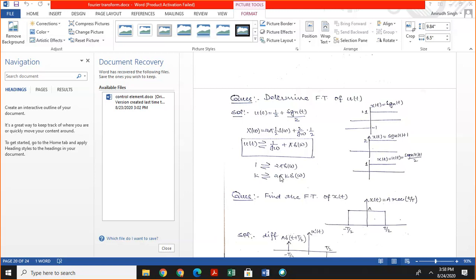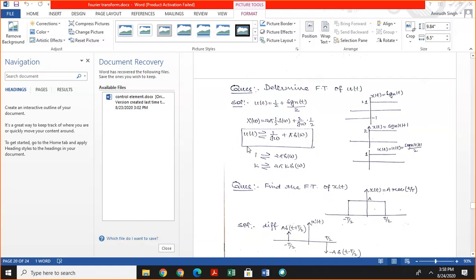The Fourier transform of a constant value k is 2 pi k delta omega, and here the value of k is half, so we get 2 pi times half multiplied by delta omega, plus the Fourier transform of signum t, which is given by 2 by j omega multiplied by half. This is the Fourier transform of u of t, the unit step function.